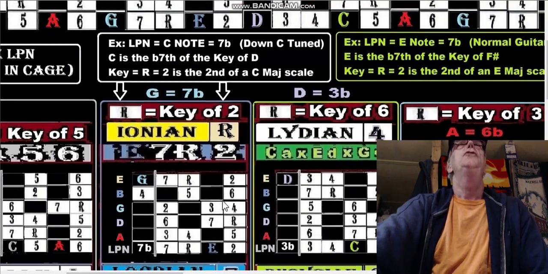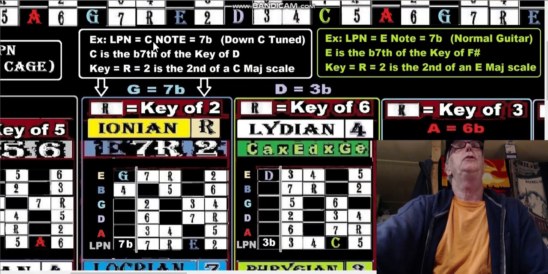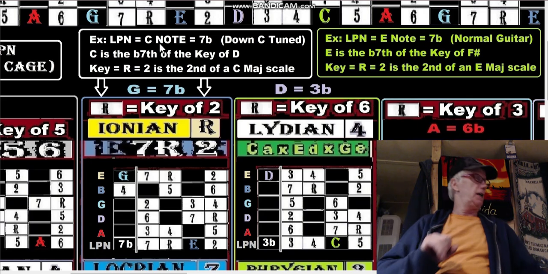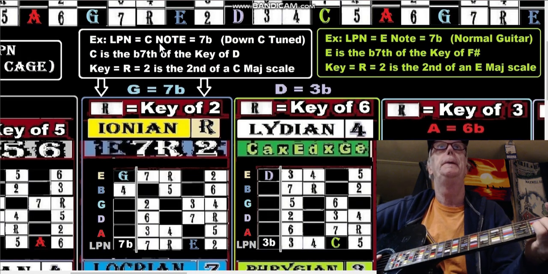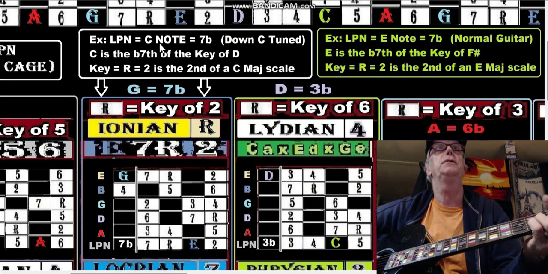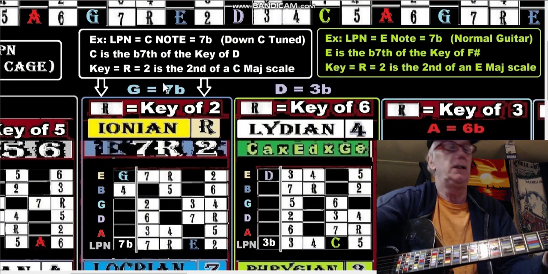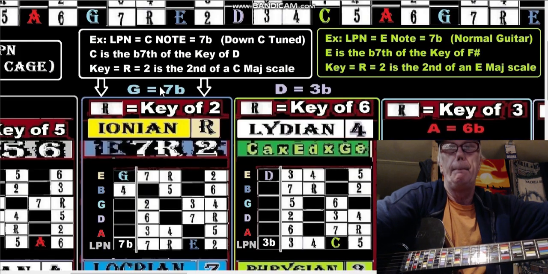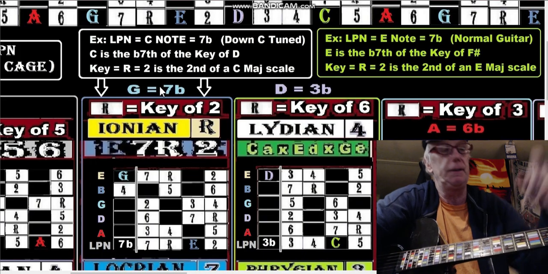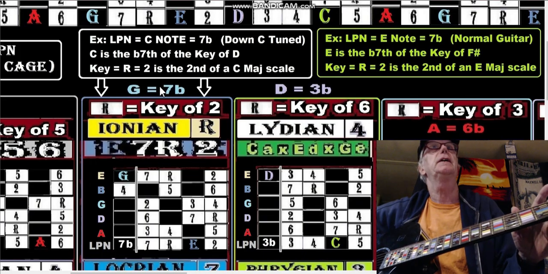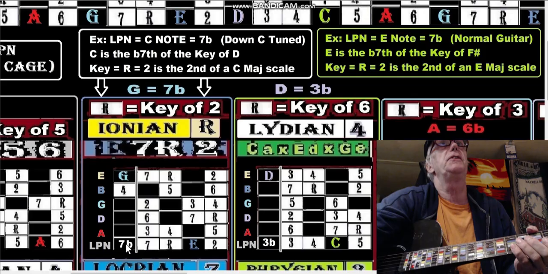Okay. So the note says, example, lowest playable note equals C. Now we're down C tuned where I am. Okay, we're down C tuned. C, okay, that's 2 octaves below middle C. This C is the 7 flat.